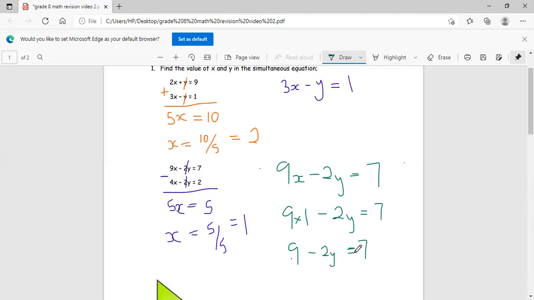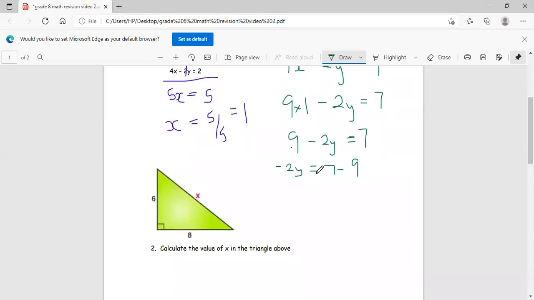Across the equal sign, I will take 9 to the other side. So I have minus 2y is equal to 7 minus 9. I hope you are following. Fine. 7 minus 9 is minus 2. So minus 2y is equal to minus 2.